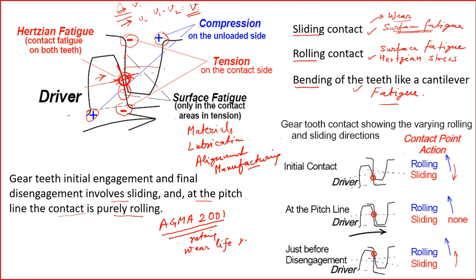So you can compare between different gears, their wear lives, and which type of gear will be good. In general, smaller teeth improve wear rating.